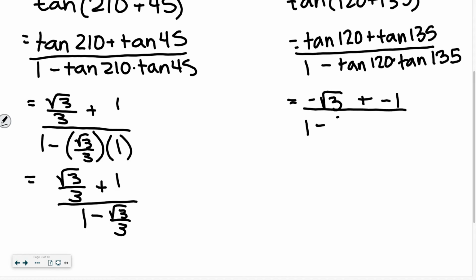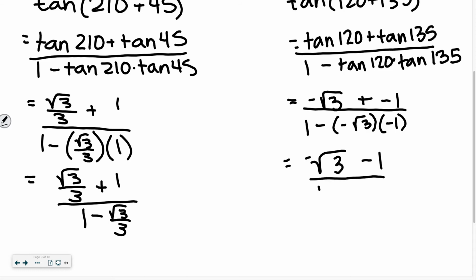All over 1 minus negative square root 3 times negative 1, which this will simplify to be negative square root 3, I'm going to say minus 1, all over 1 minus square root 3, because this will multiply to be a positive. That's where my sign error was last hour. And evaluate it.